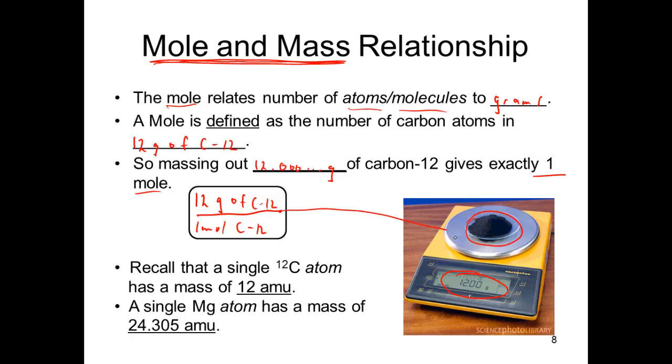So if I was to weigh out 12 grams of carbon-12, I'd have a mole, or in this 12 grams I would have 6.022 times 10 to the 23rd carbon-12 atoms. So 12 grams of this has that many carbon-12 atoms.